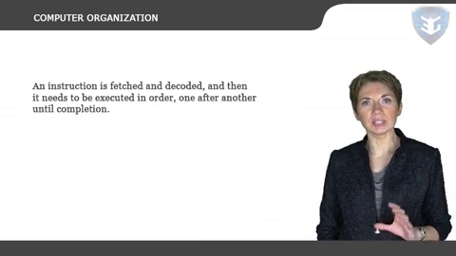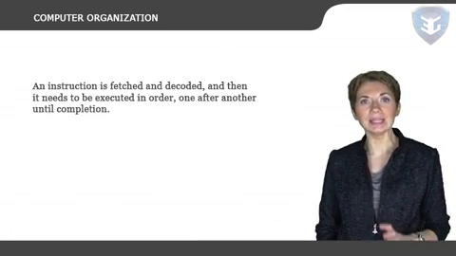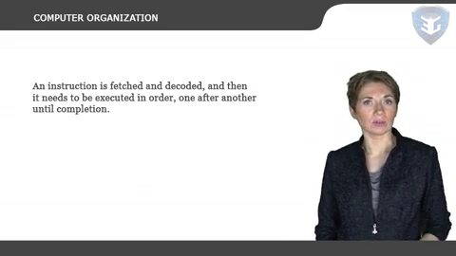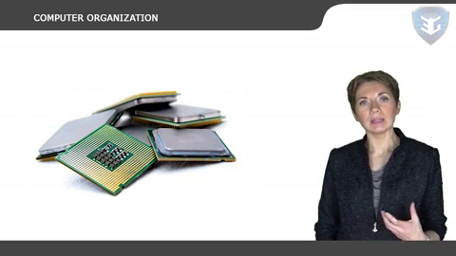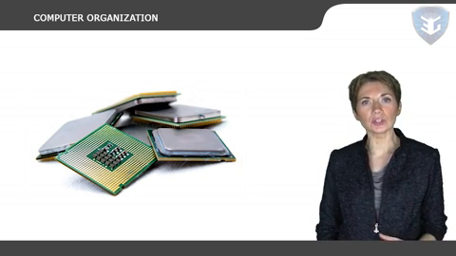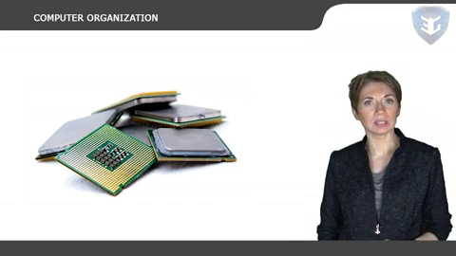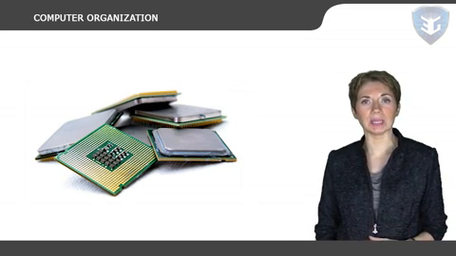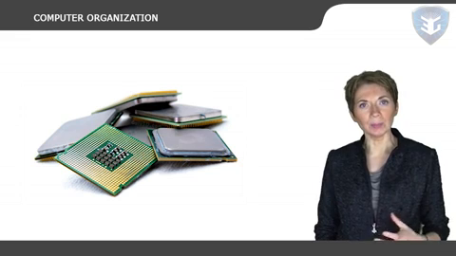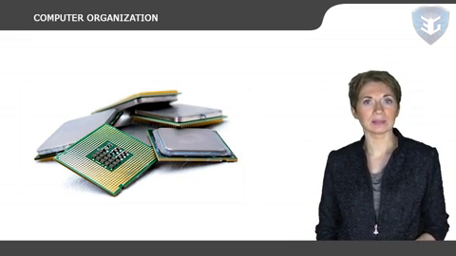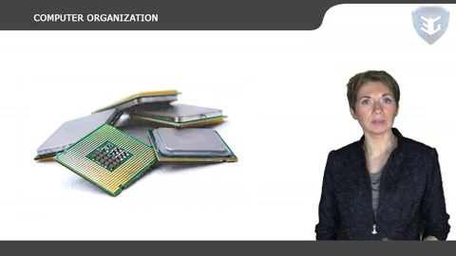An instruction is fetched and decoded, and then it needs to be executed in order, one after another until completion. In older CPUs, the instruction would have to go through an entire process and finish calculation before the next would begin. To speed up processing, modern CPUs use what are called pipelines, where each step is part of the pipeline.